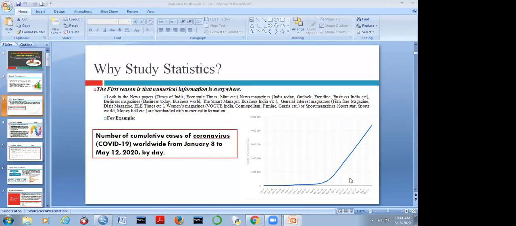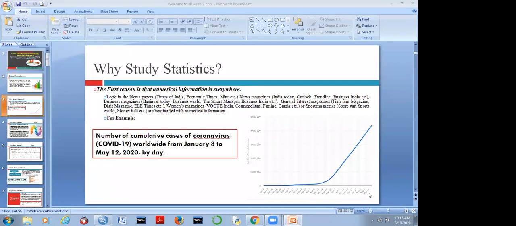Now interpret this graph. Analyze this graph, and you will see that initially, from January 8 to February 2nd, the corona cases were very similar, and then slowly and gradually they increased.